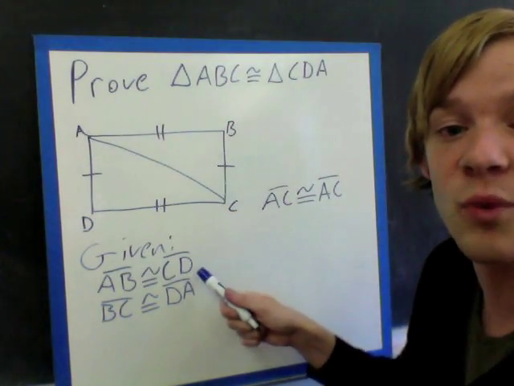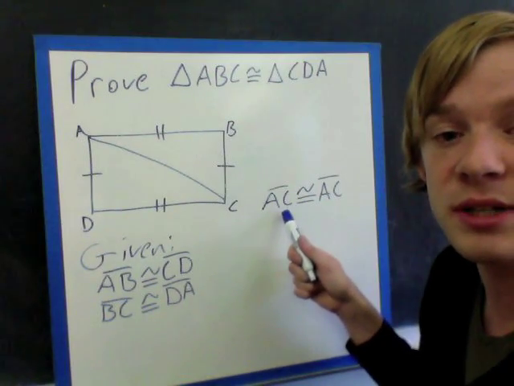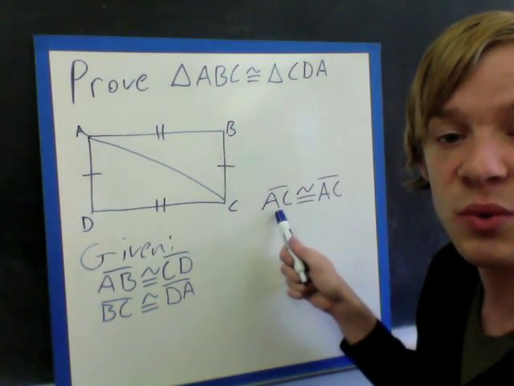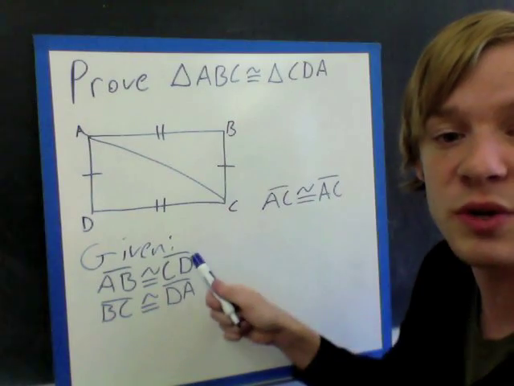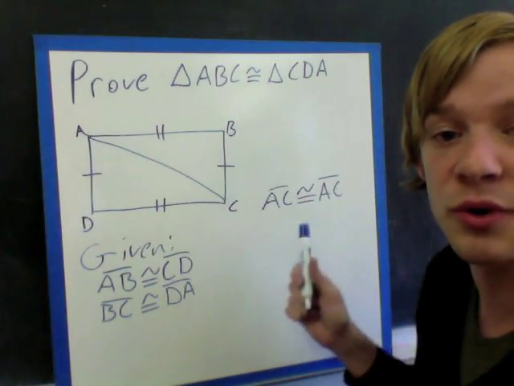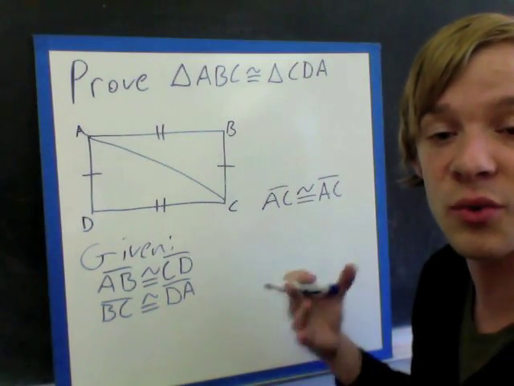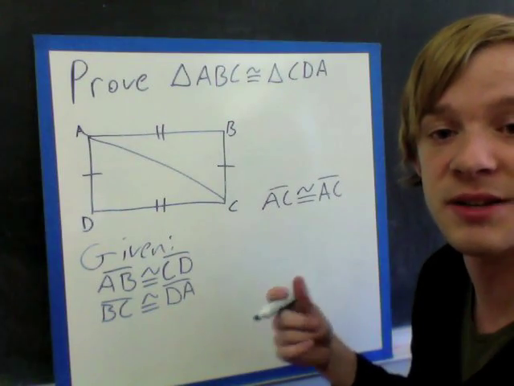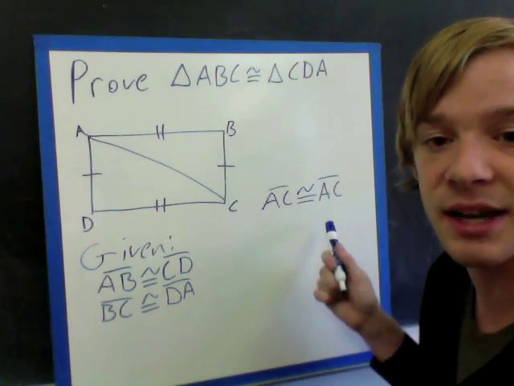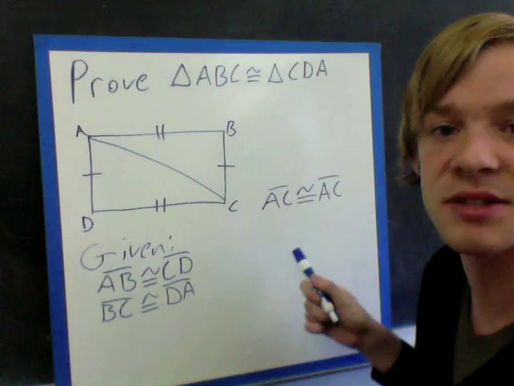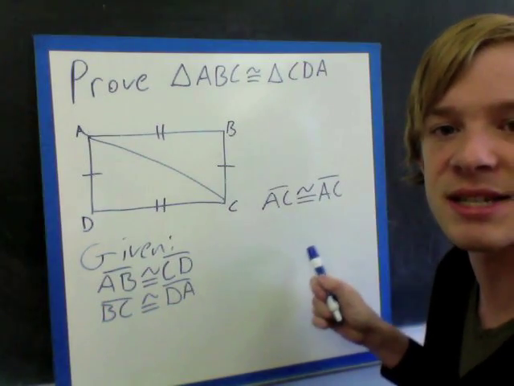Therefore, we now have 1, 2, 3 statements which say the three corresponding sides are congruent. Now we can write our rule out for side-side-side. So by side-side-side, triangle ABC is congruent to triangle CDA.